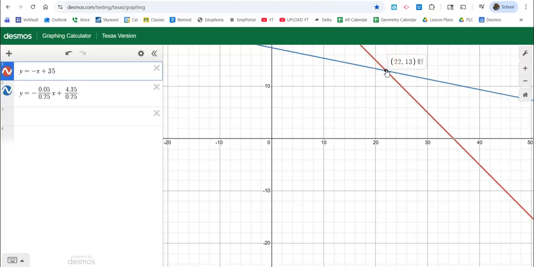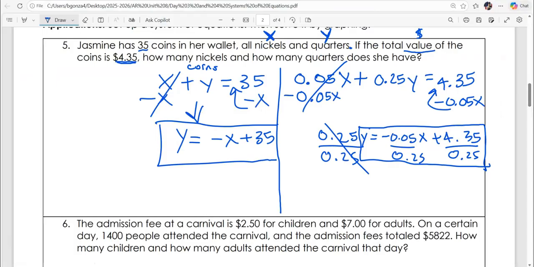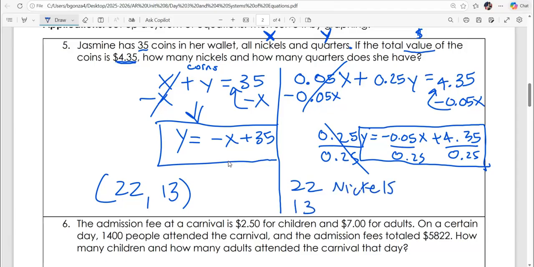And when I click it, I get a solution of 22, 13. 22 nickels, 13 quarters. So my answer, 22, 13. 22x nickels, 13y quarters. Okay?